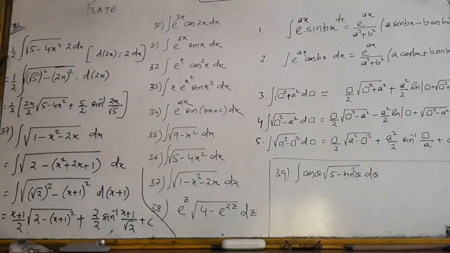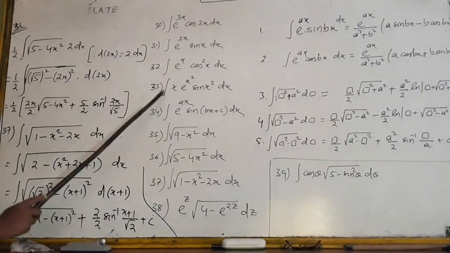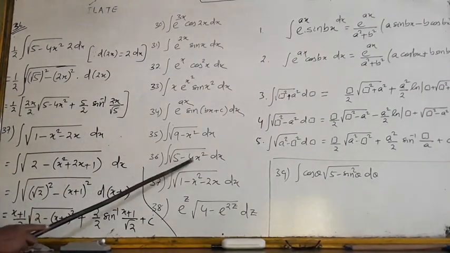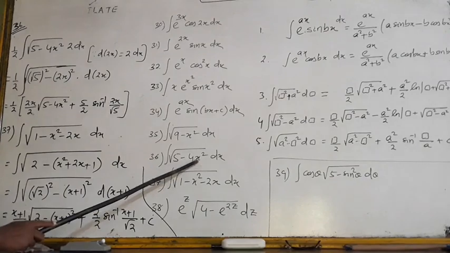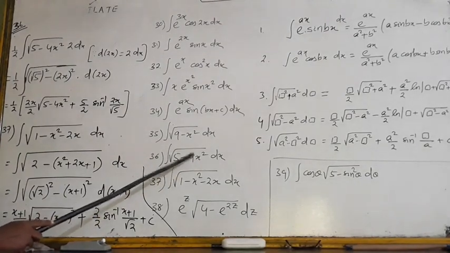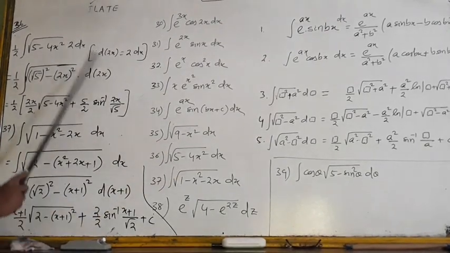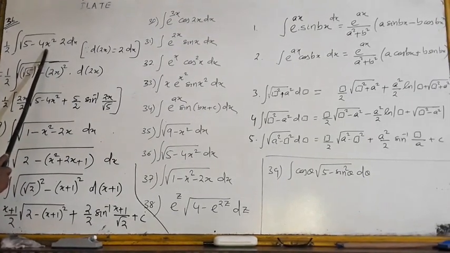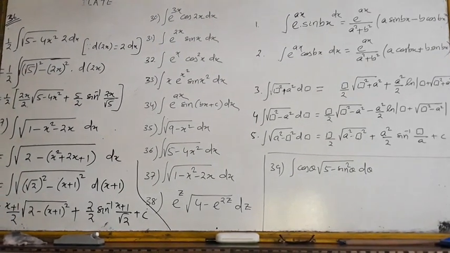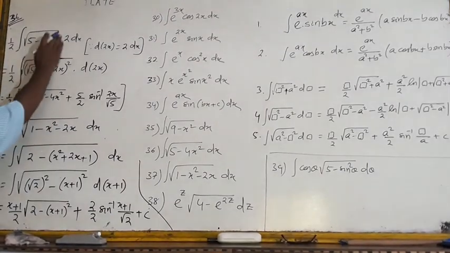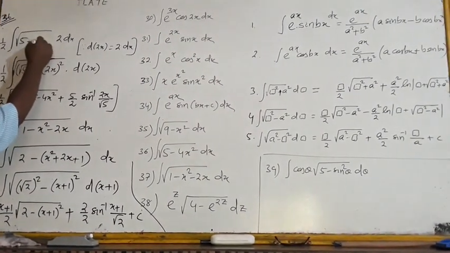Now look at problem number 36. What I am reading is square root of 5 minus 4x square dx. Now this is 4x square. Whose square is 4x square? 4x square means it is 2x whole square. So in place of 4x square I am writing the whole square of 2x.